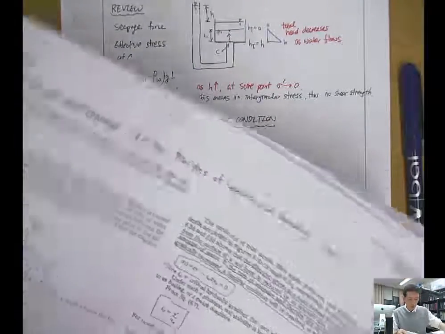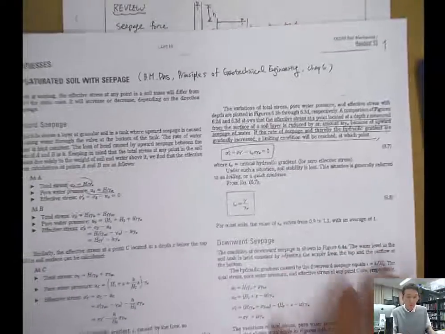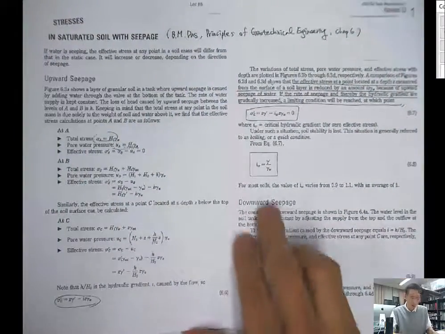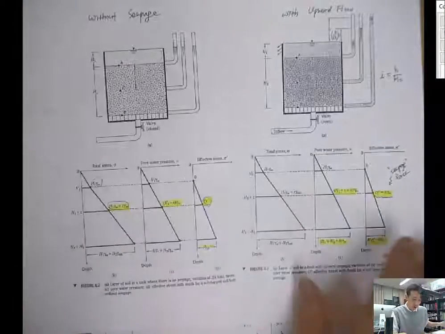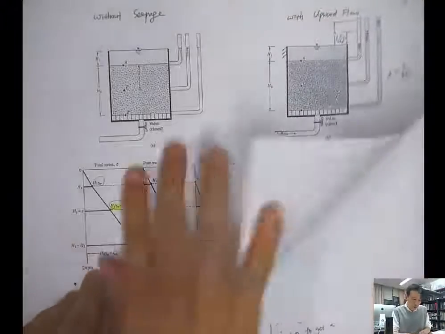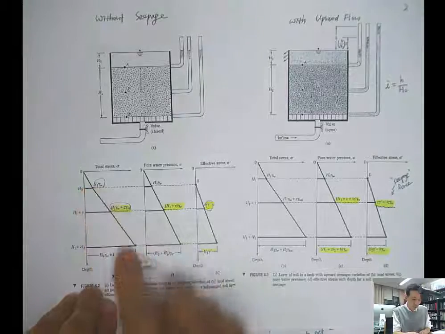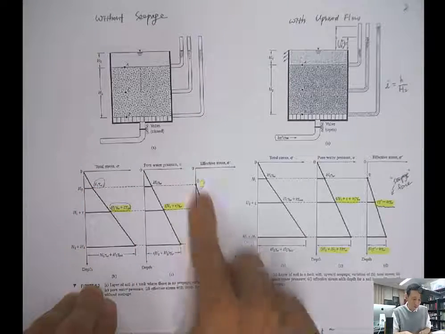If you look at the handout here, it has more details about upward seepage and downward seepage, and it has really good drawings also. Without seepage, you have a static total stress, pore pressure and effective stress.